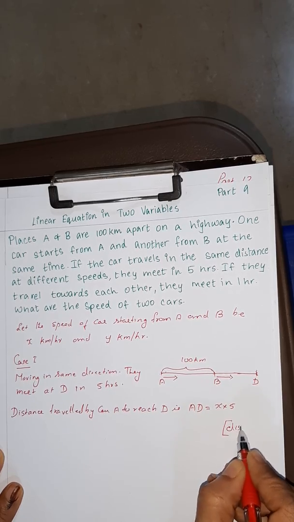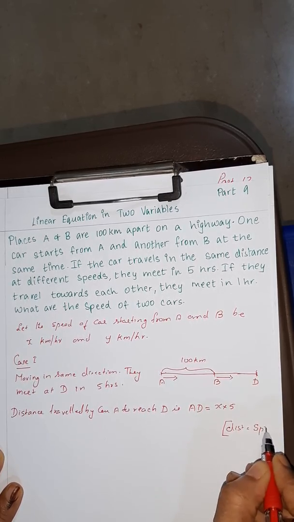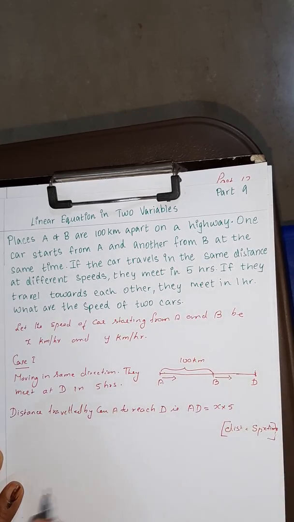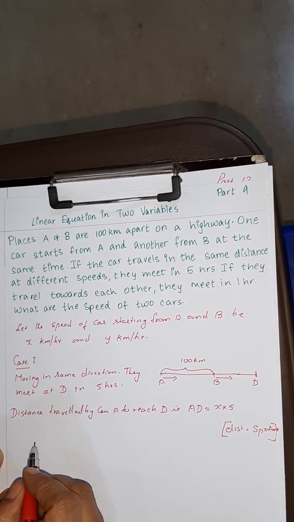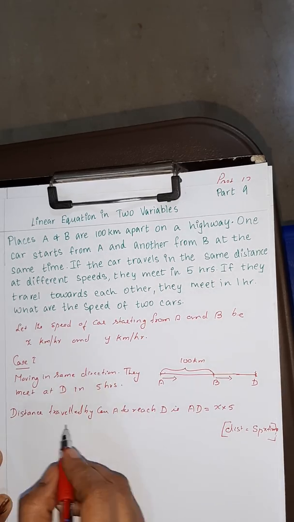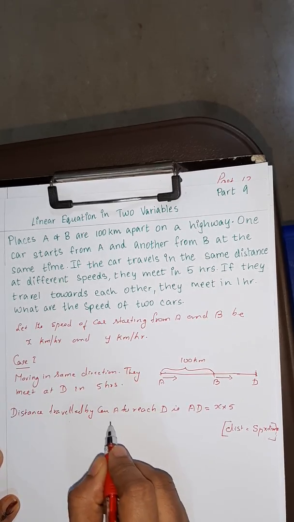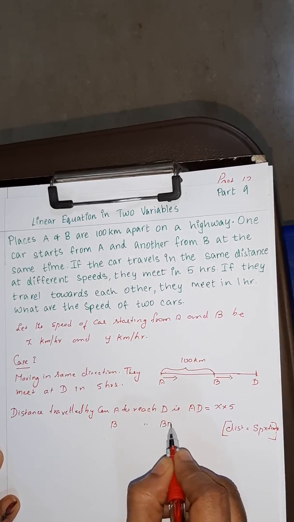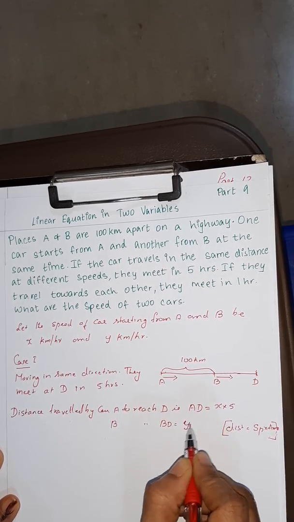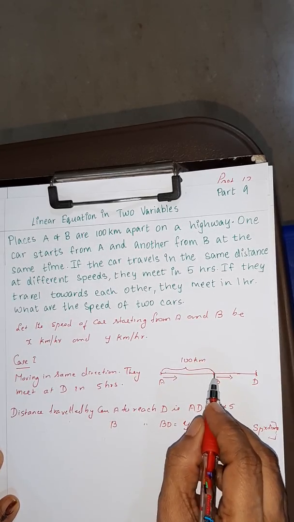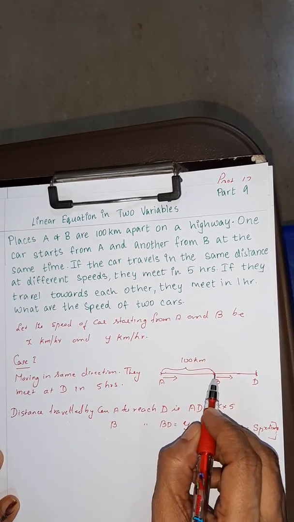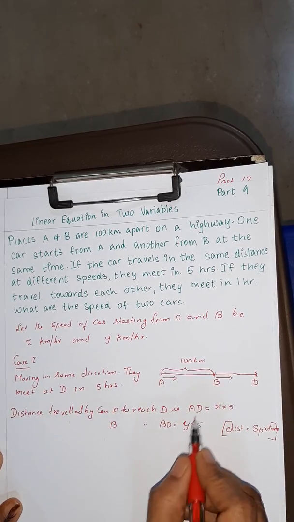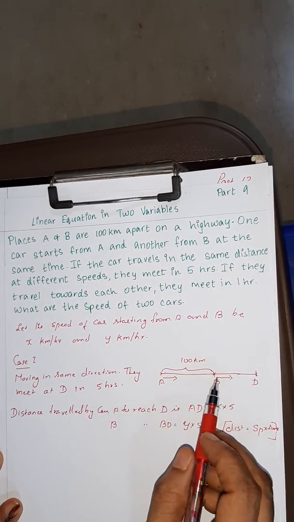Distance is equal to speed into time. Now, distance travelled by car B to reach D, that is BD, is equal to y into 5. The speed of car B is y, the time taken is 5. So, we got the distances AD and BD.